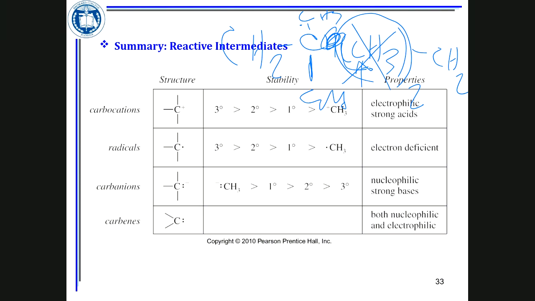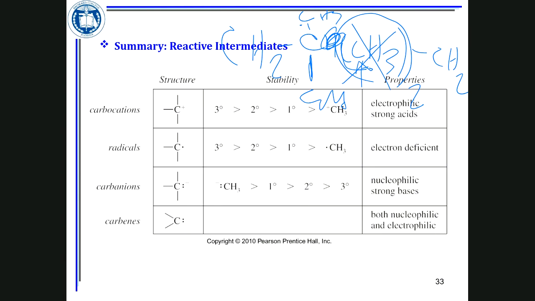Isopropyl is on carbon number 4. And then chloro is on carbon number 6. Was it 6? 3, 4, 5, 6, 7, and 8. So you have 6 chloro, 4 isopropyl, 3 octanol, right?